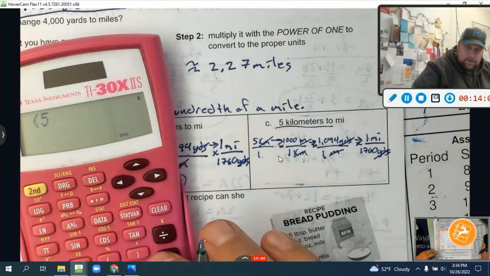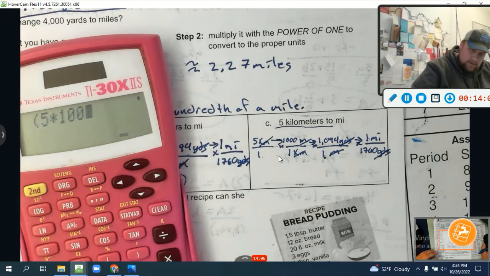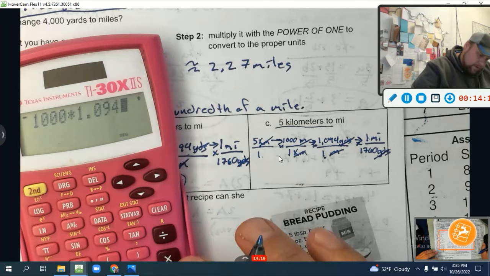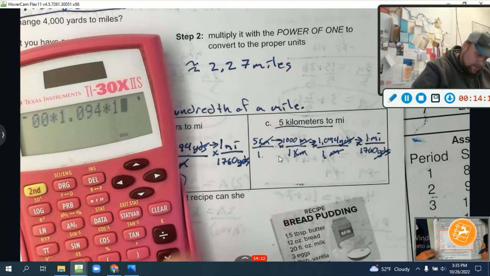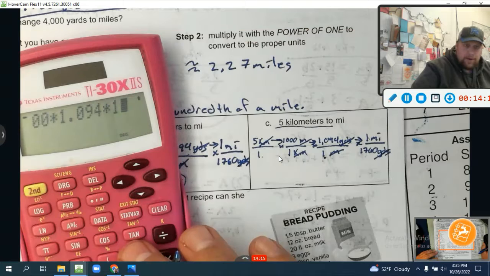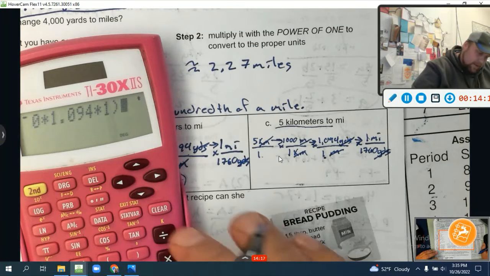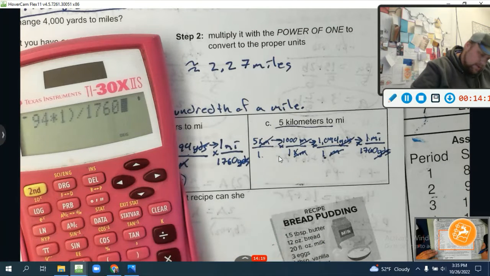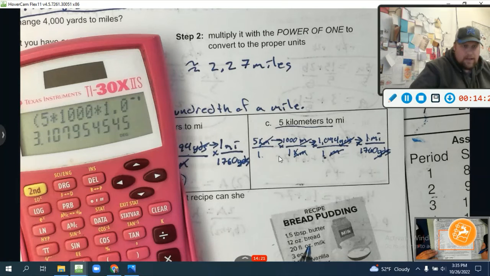Well, I guess I didn't need that times the 1, but I put it anyway. And I'm going to divide this whole thing by 1,760. And that gets me that 5 kilometers is approximately 3.11 miles. Boom. That's a good math problem.